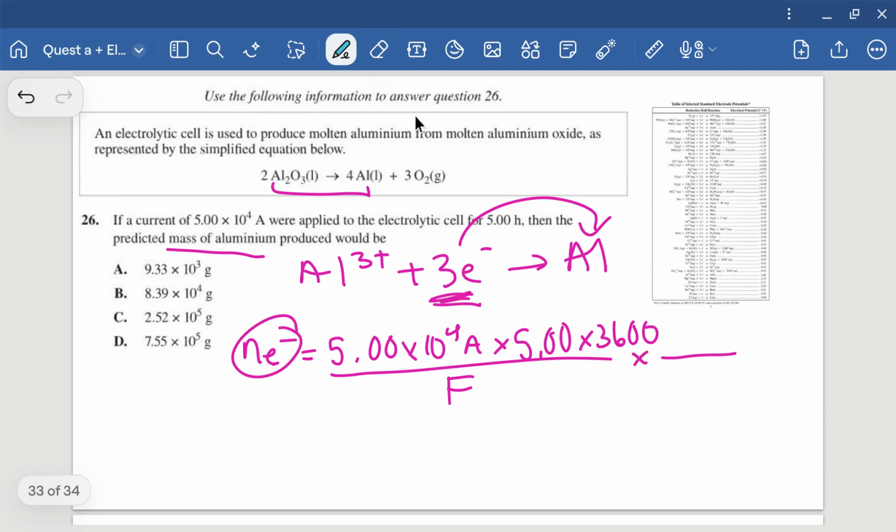Once I have moles of electrons, I can use the mole ratio to turn those electrons into moles of aluminum. And then lastly, use the molar mass of aluminum, which you're just getting from your periodic table, to get moles of aluminum to cancel and to get to grams. You will get a fairly large number, and you will see your answer is B.